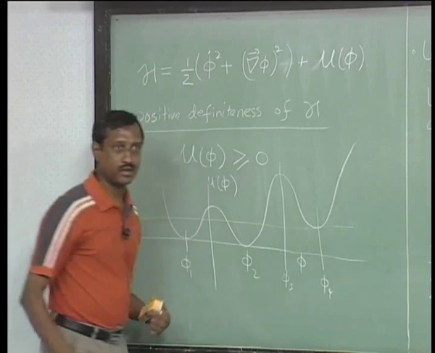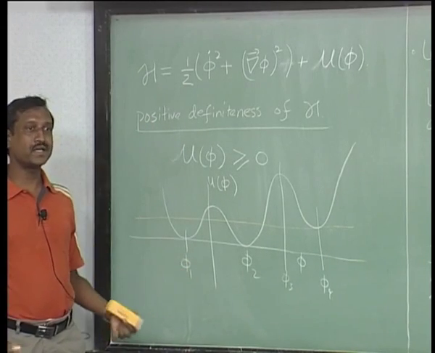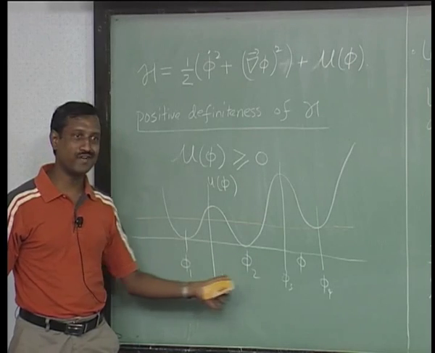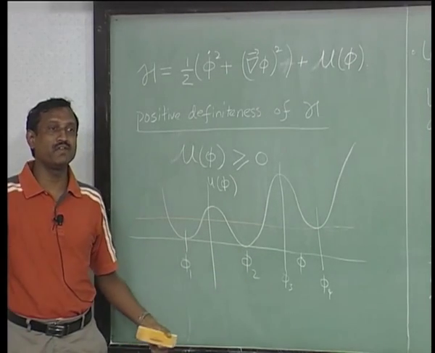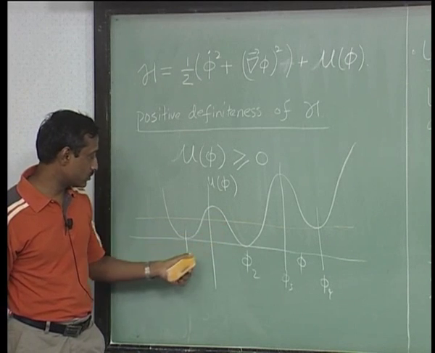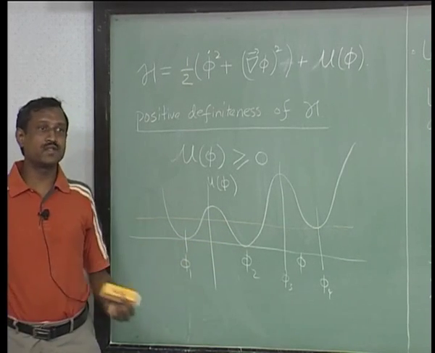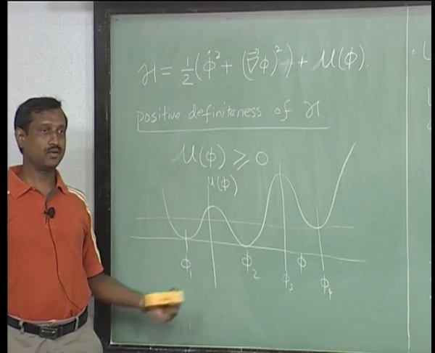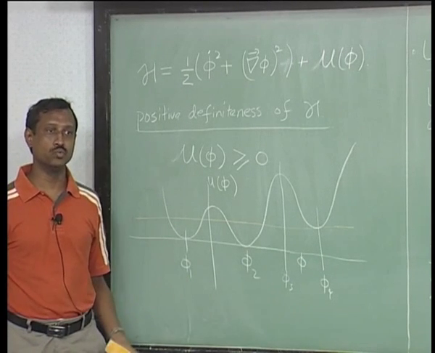But then the lowest energy configuration nevertheless still remains phi 1 and phi 2, but that will be some negative infinity. You want to measure things with respect to the ground state or the lowest energy, so you shift things and go away. So that you can always do.